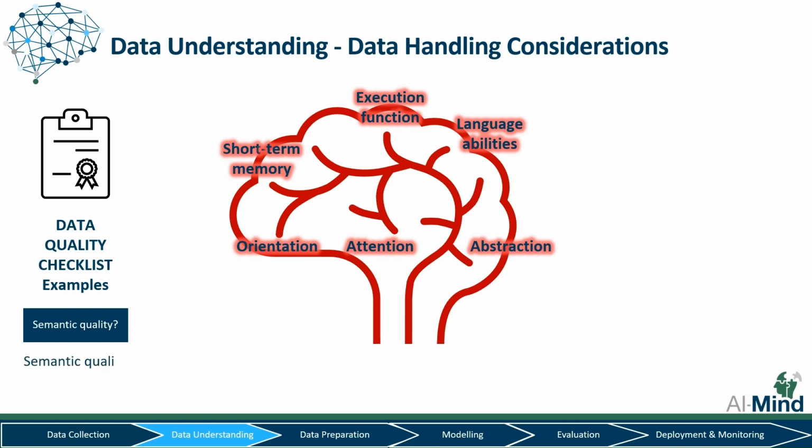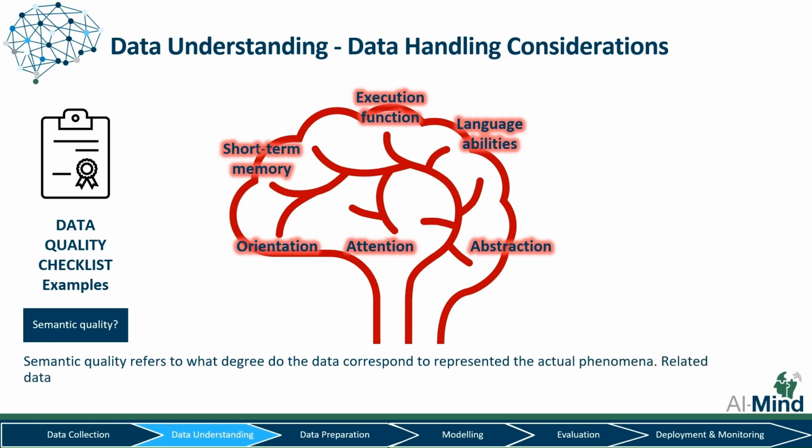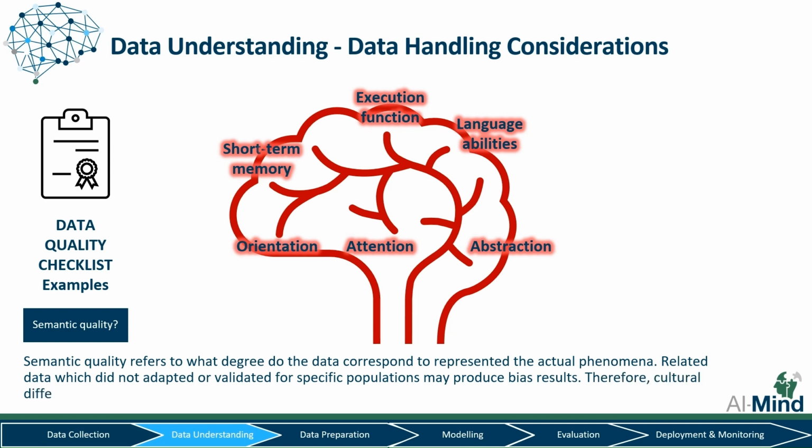Semantic quality refers to the degree to which the data corresponds to the actual phenomena represented. Data which is not adapted or validated for specific populations may produce biased results. Therefore, cultural differences in, for example, language, norms, and educational backgrounds should be considered.